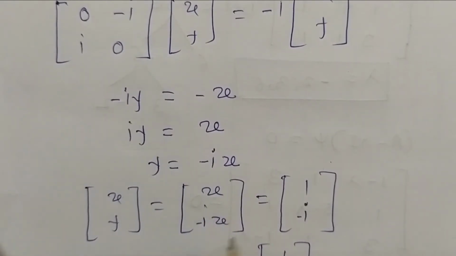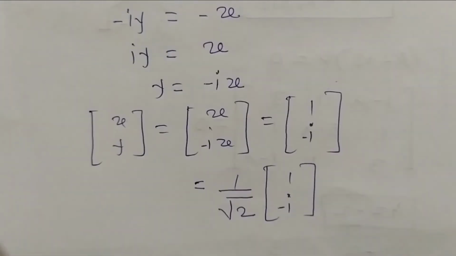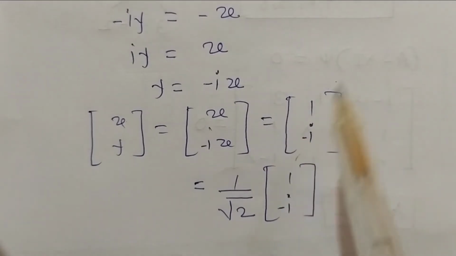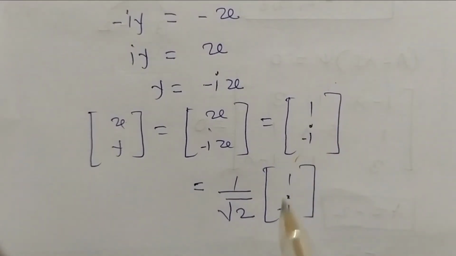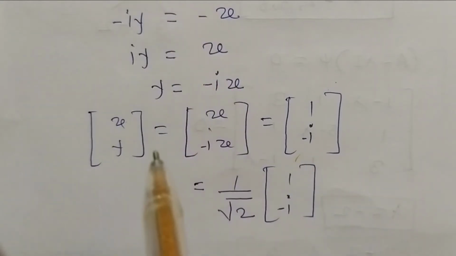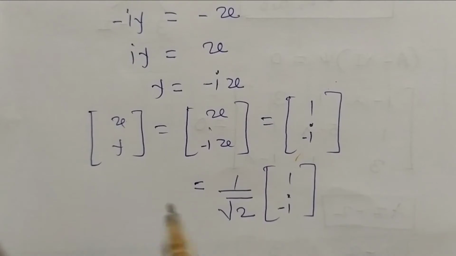So instead of y, we can put minus ix. (x, y) is equal to (x, minus ix), which is (1, minus i), where the multipliers are 1 and 1. So 1 upon under root 1 square plus 1 square, that is 1 upon under root 2, (1, minus i). This is the eigenvector of that matrix when lambda is equal to minus 1.